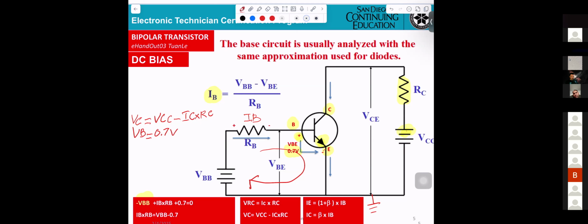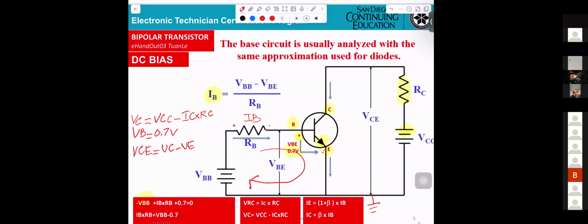If I want to calculate the VCE, what do we have to do? We have to subtract VE from VC. So VC minus VE. But in this case, VE is 0, so it's just VC. Right now we're just talking about if you're looking at the schematic and we want to do the calculation.